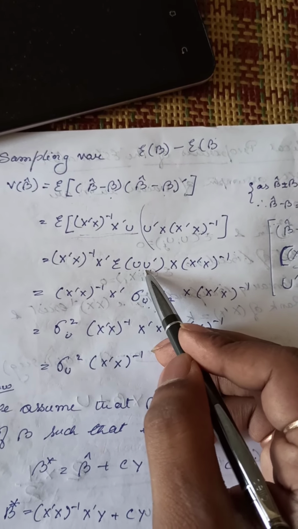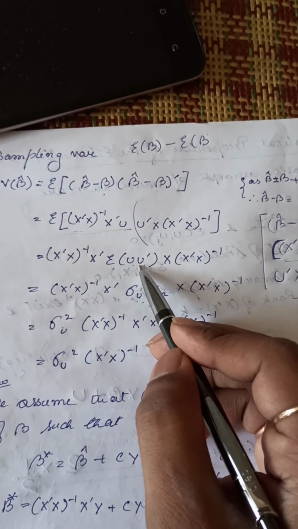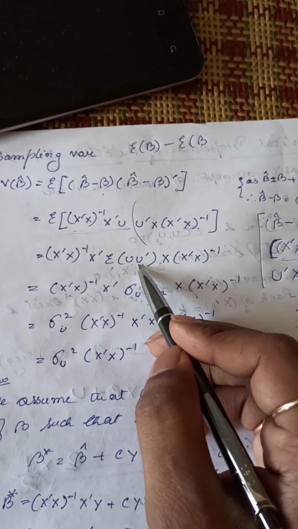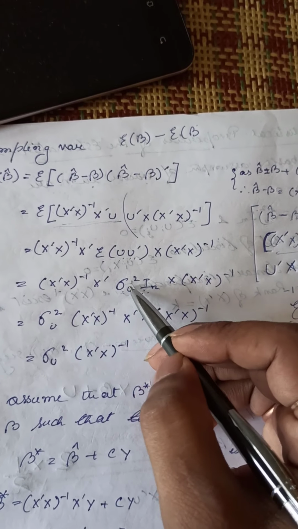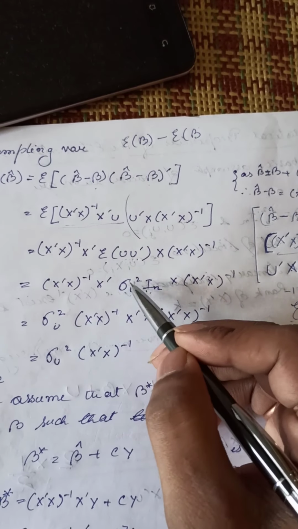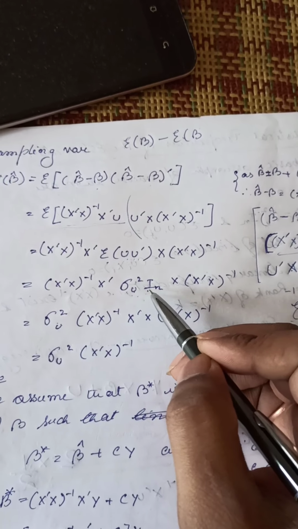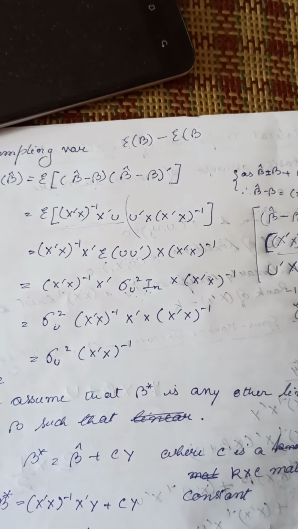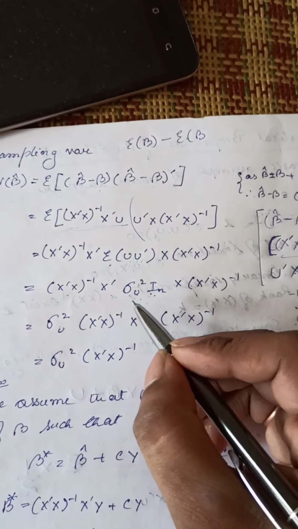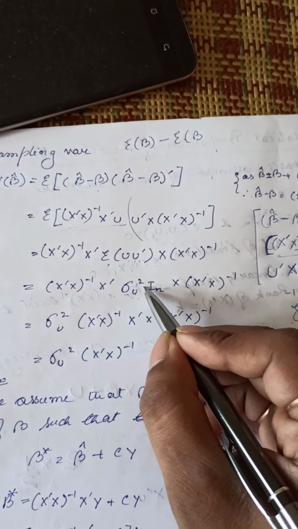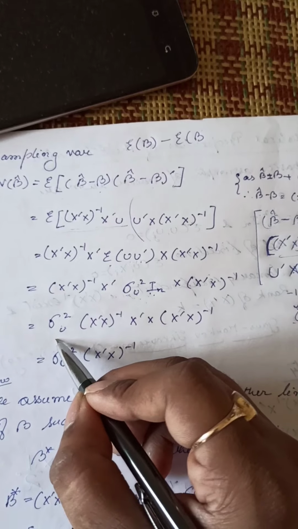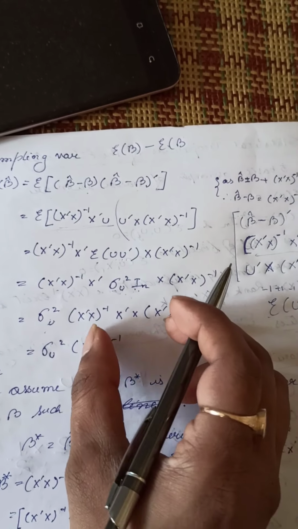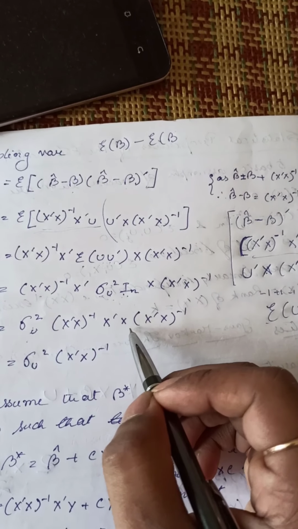According to the assumption that we dealt with in the last video, this term is equal to sigma u square identity matrix. Now sigma u square into identity matrix implies sigma u square only, so we are left with only sigma u square in the next step. Okay, and the rest of the terms are placed as they are.